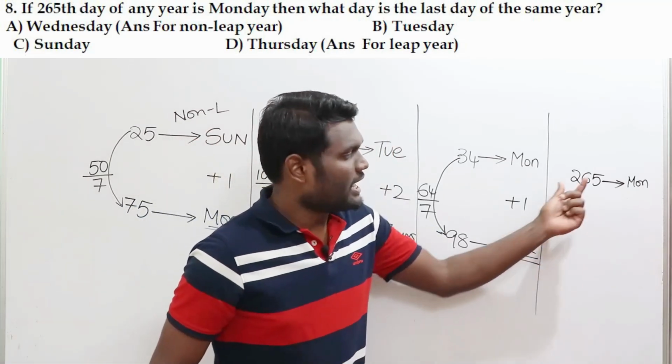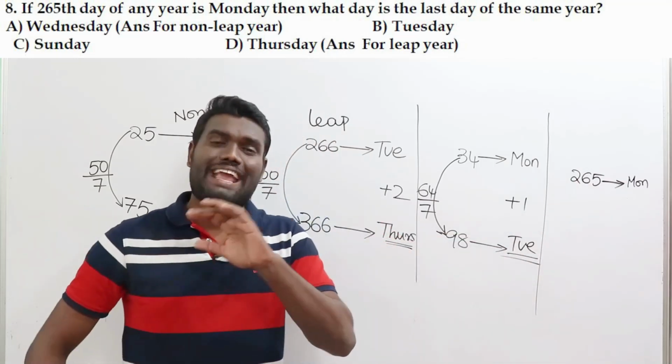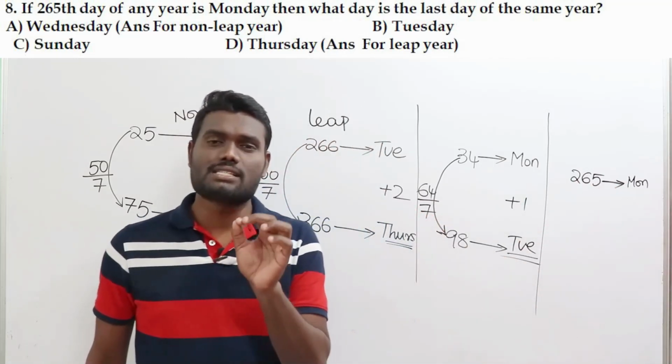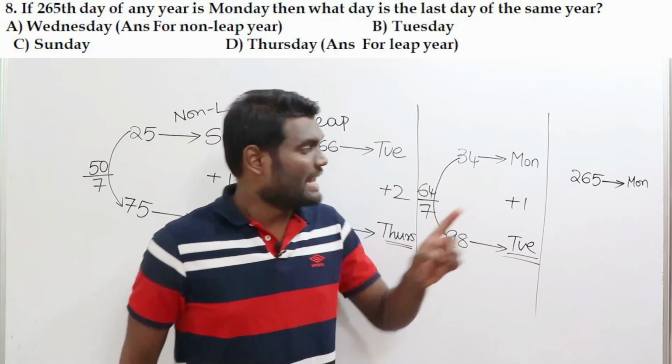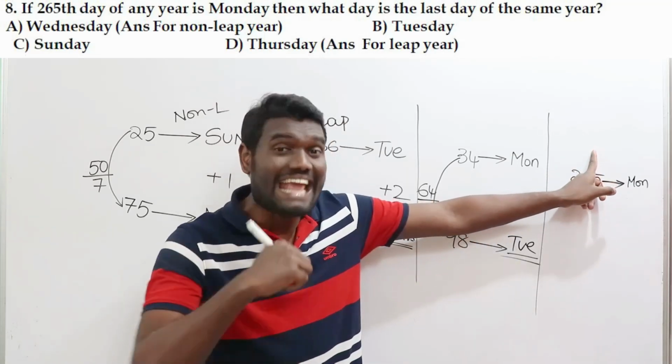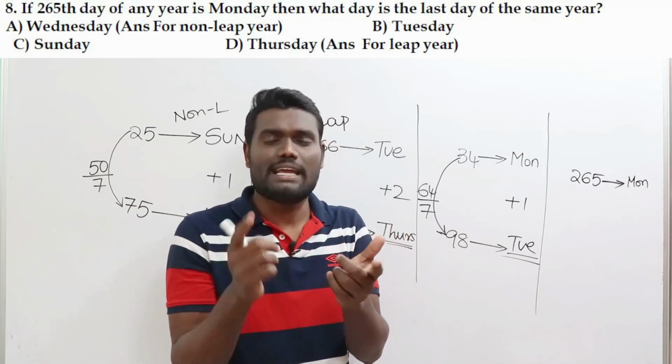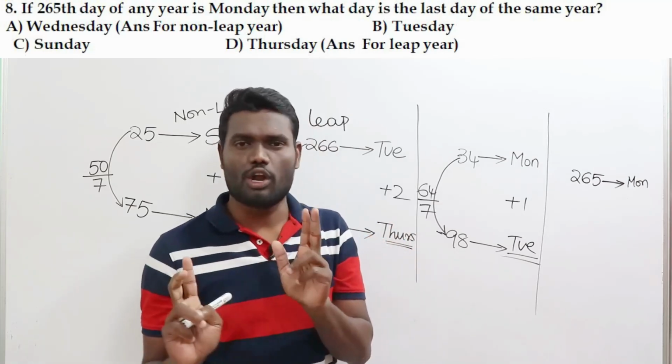Even in this question we are saying any year. It's not about leap year or non-leap year, which means it can be either a leap year or a non-leap year as well.